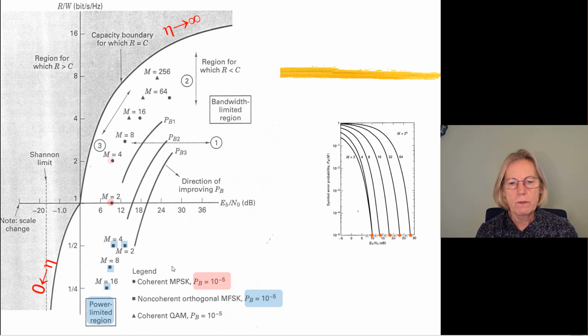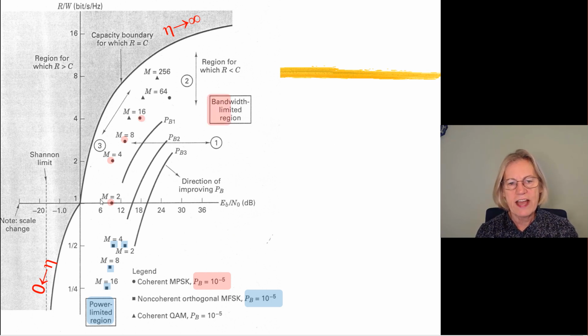And for QPSK, again, this is coherent PSK in this case, we would find these various points which are highlighted and given in the circles. And we can see that we're falling in a completely different region of this bandwidth efficiency plane.